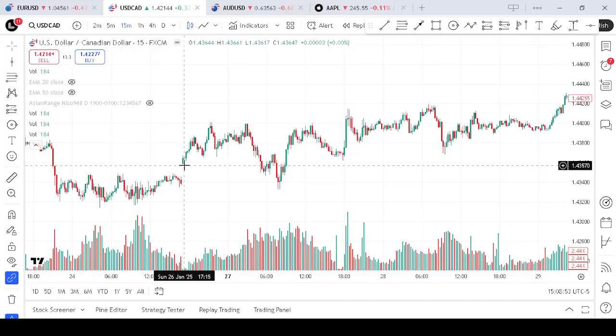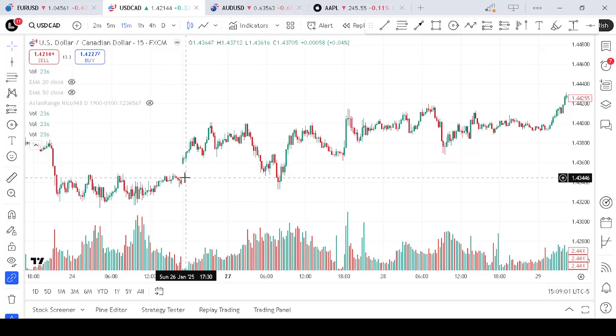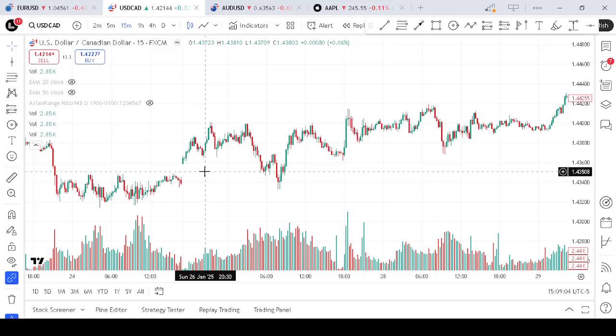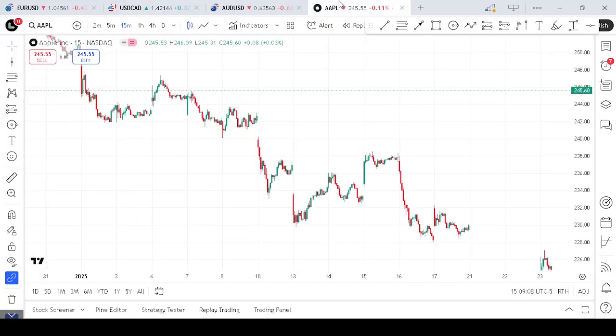The next candle on the next day opened at a price higher than the close of the previous day in a bullish gap. Conversely, the same goes for a bearish gap when price opens at a lower price than the previous close, creating a downward gap.